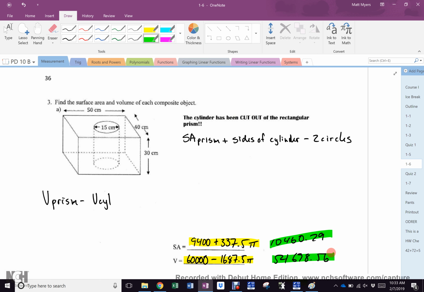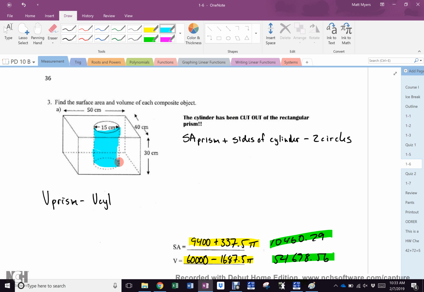Which you all know how to find. But I drilled a hole. So I created new surface. That new surface was the sides of the cylinder. So since it was new surface, I had to add the sides of the cylinder.